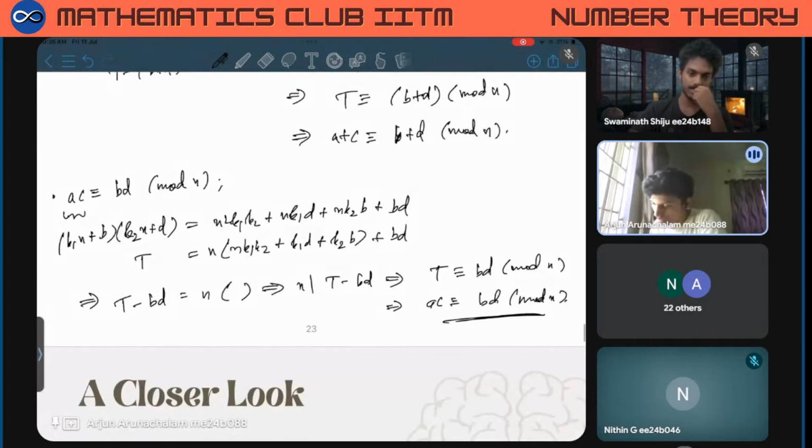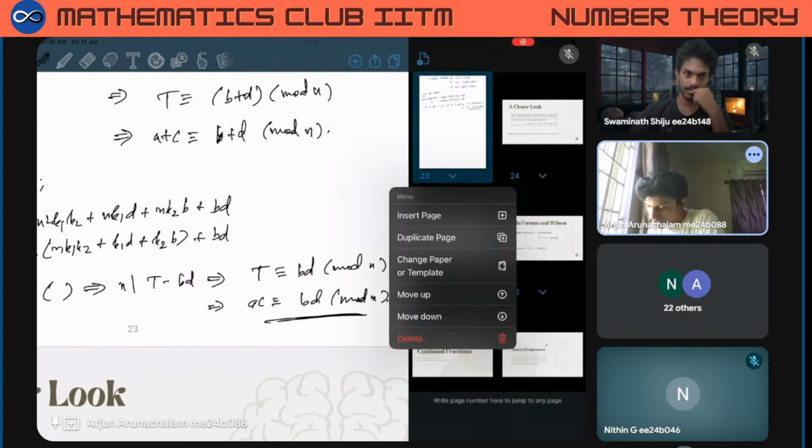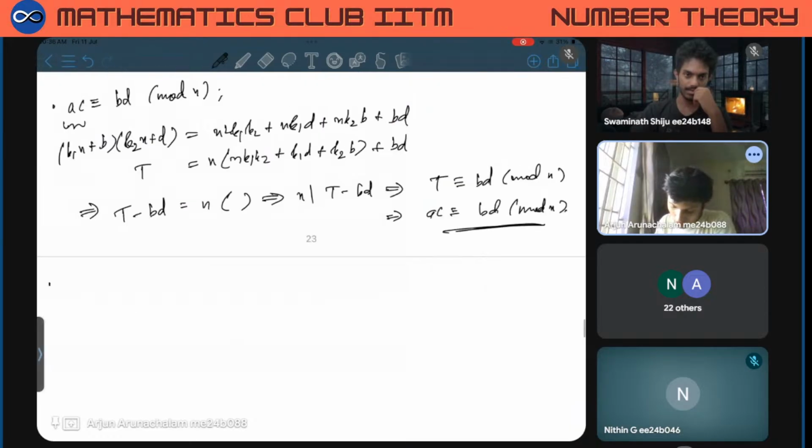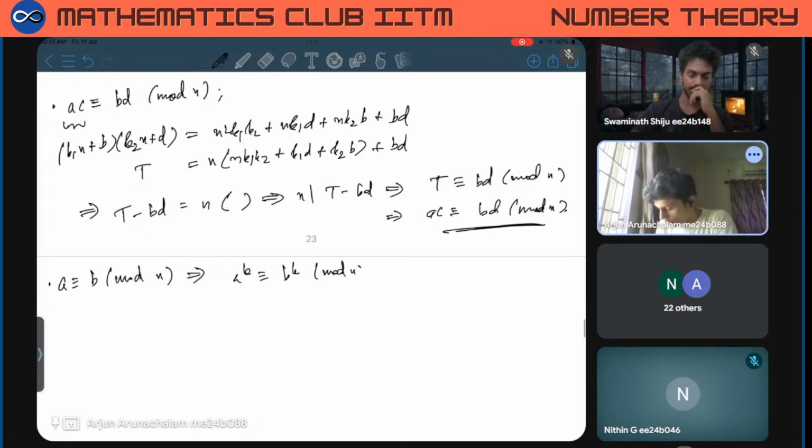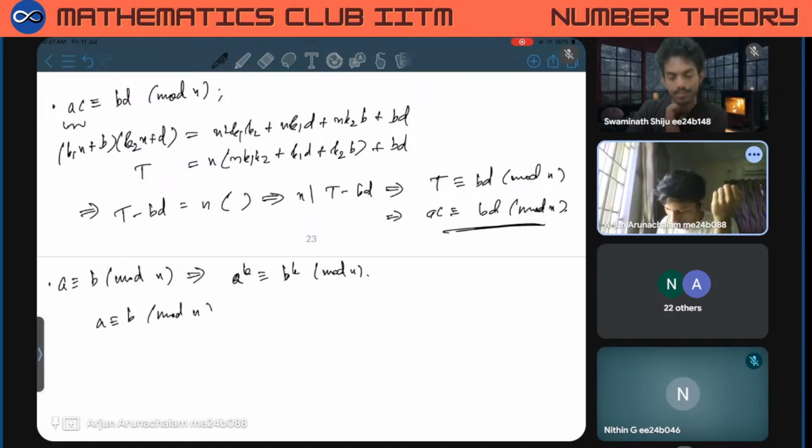Yeah, the last part is you have to prove that if A is congruent to B mod n, then A to the power k is congruent to B to the power k. Can someone say what we apply to get this? It's essentially just applying the previous theorem twice. So you have A is congruent to B mod n and A is congruent to B mod n as well.